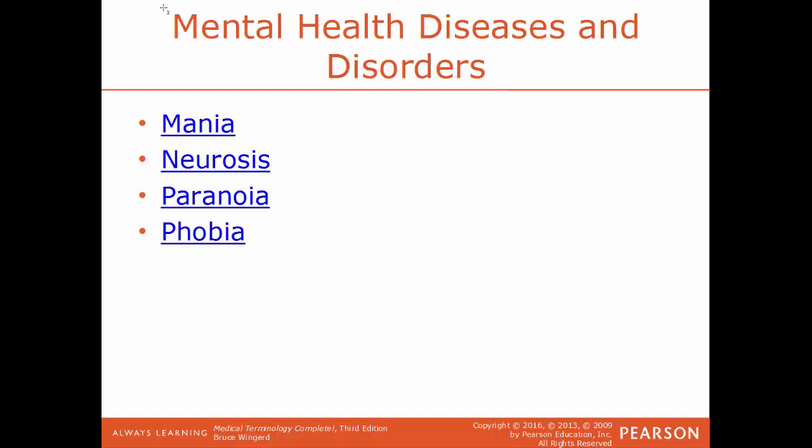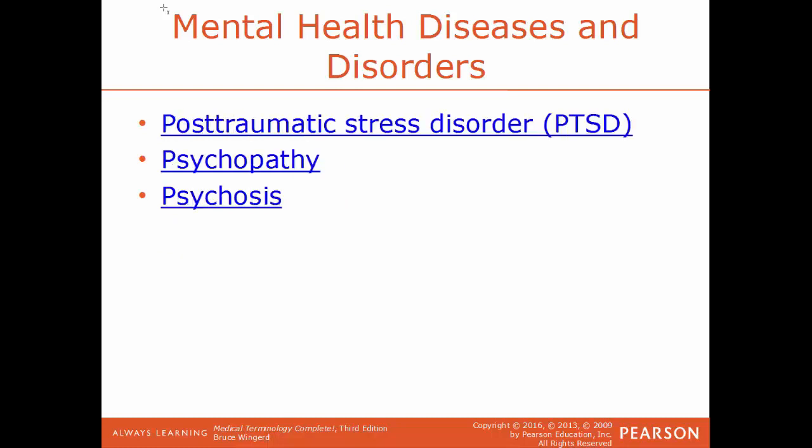Phobia. This is having an extreme or an irrational fear of something. Now, it's normal to be afraid of things, but a phobia is having an extreme aversion to something for no rational reason. The next term, PTSD, post-traumatic stress disorder.